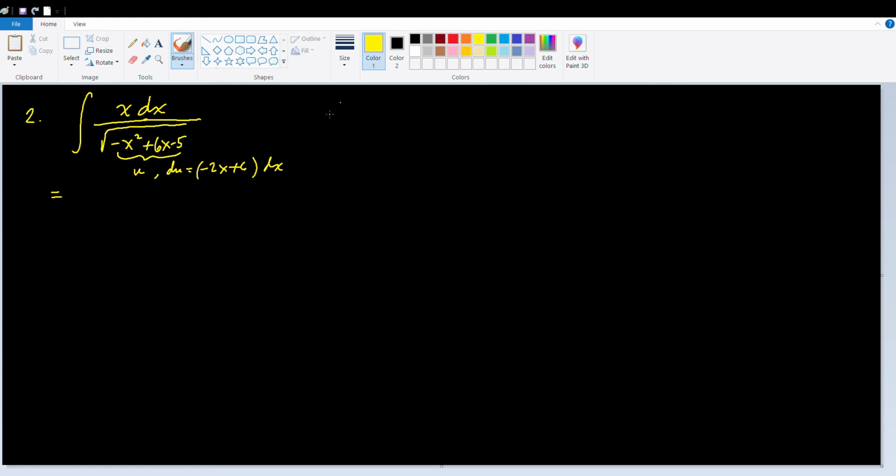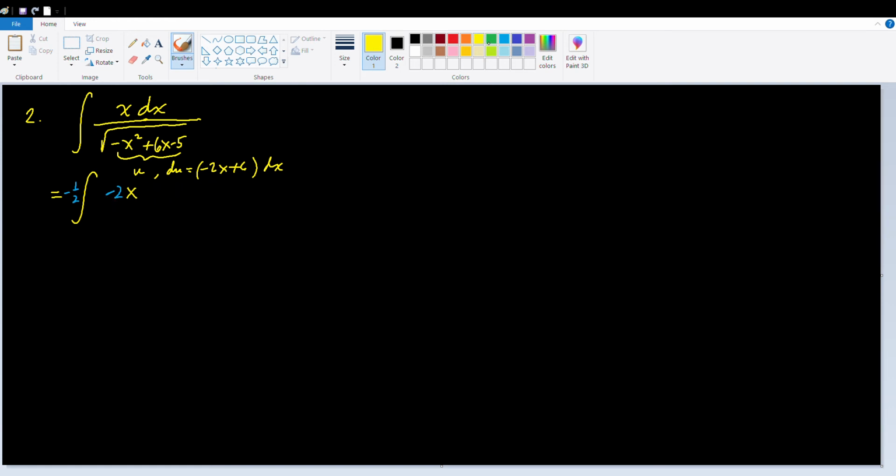And to do that, we have to introduce -2. Introducing -2 inside the integral requires multiplying it by its reciprocal, -1/2. So we now have part of the differential, negative 2x.